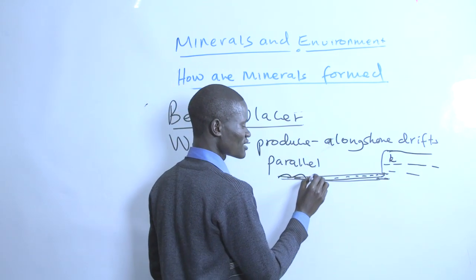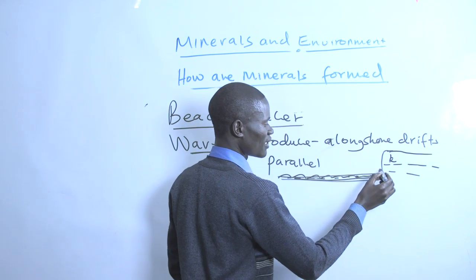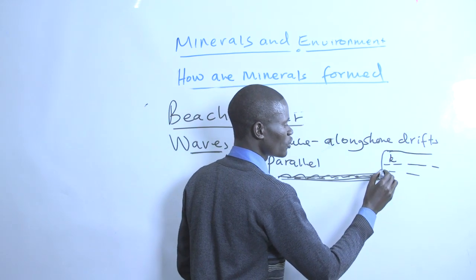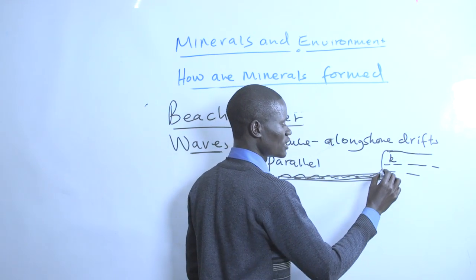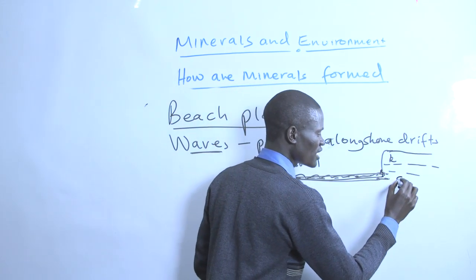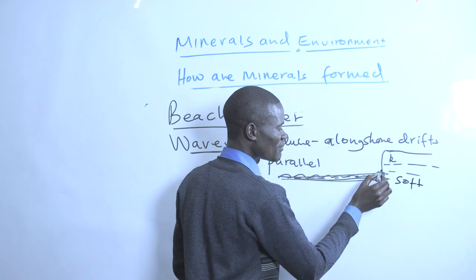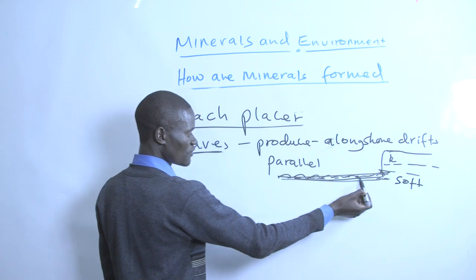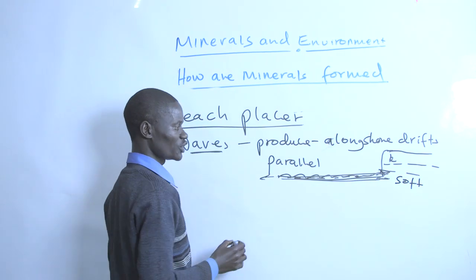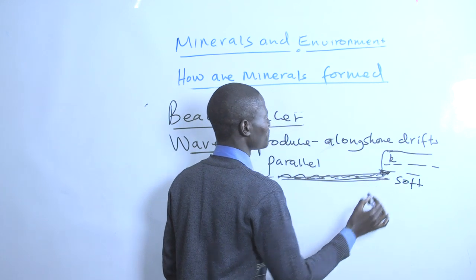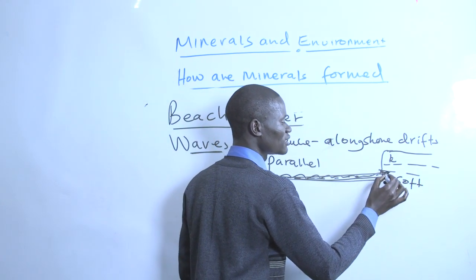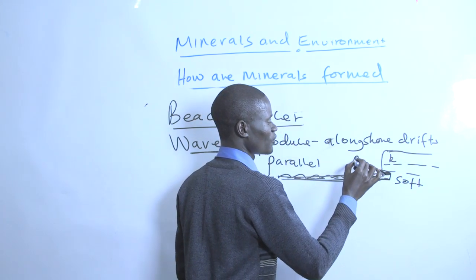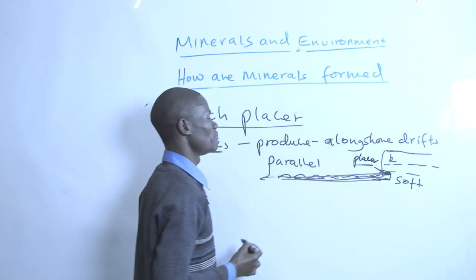As the waves come and hit the beach, because of the mineral solution, or depending on the rock found along the shore, if it is very soft rock, for example, it may cut a little bit, and when the water drifts along again into the ocean, it may have deposited or placed some mineral deposits along this path. We call them the placer beach.